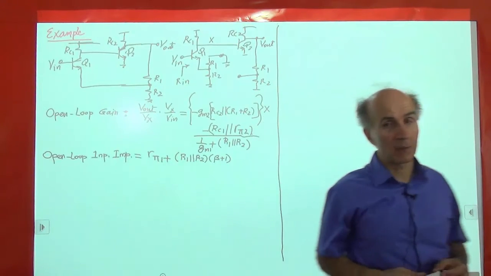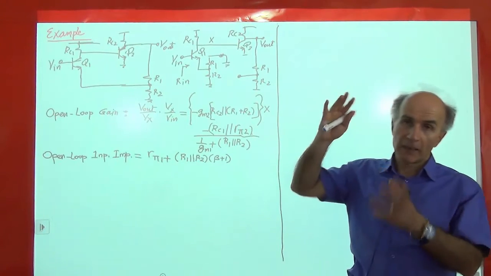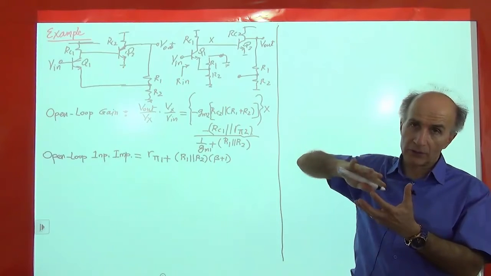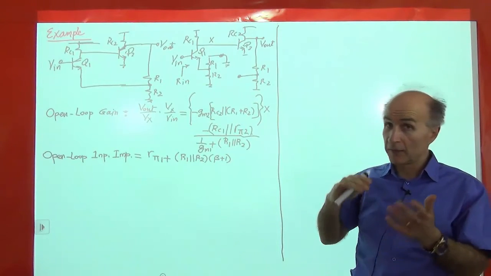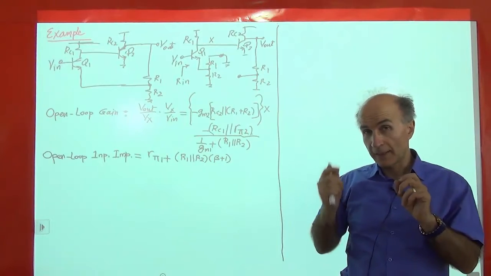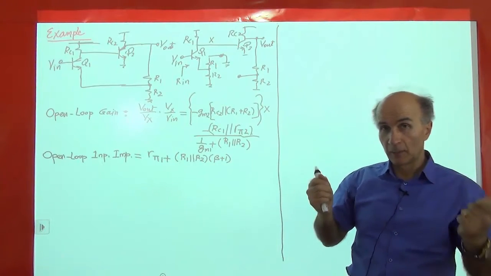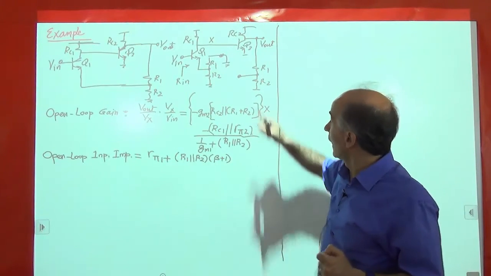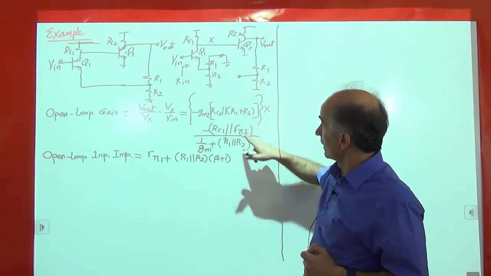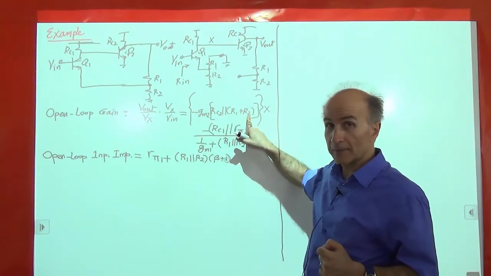So one interesting thing that we see here is that the feedback network, which consists of R1 and R2, a voltage divider, plays 2 very different roles as far as the output and the input are concerned. At the output, they appear in series. So you see we have them in series here.